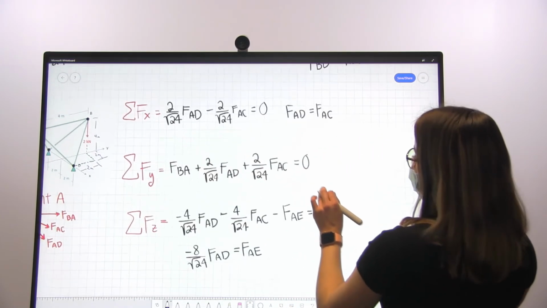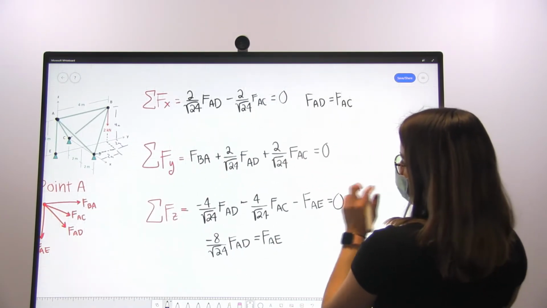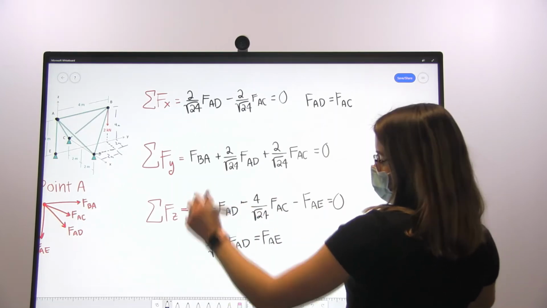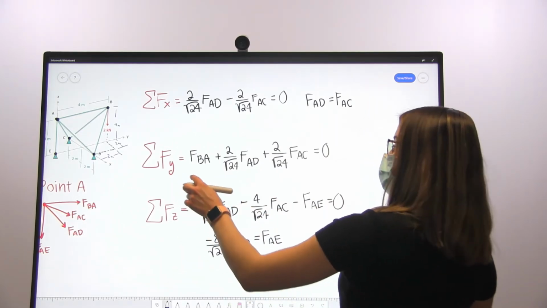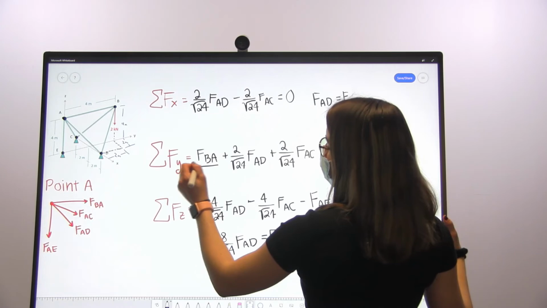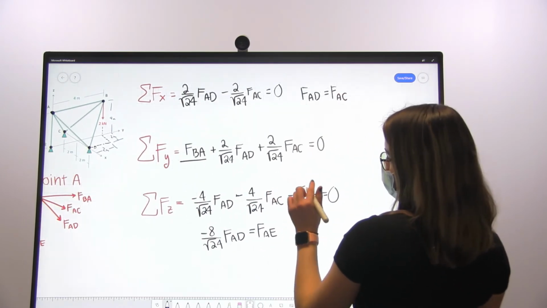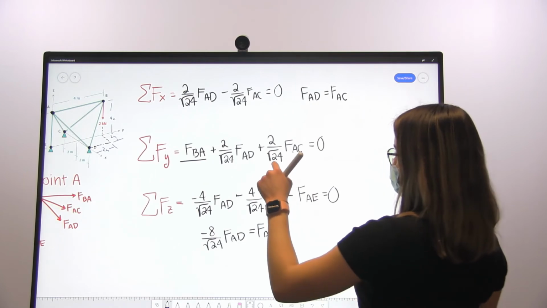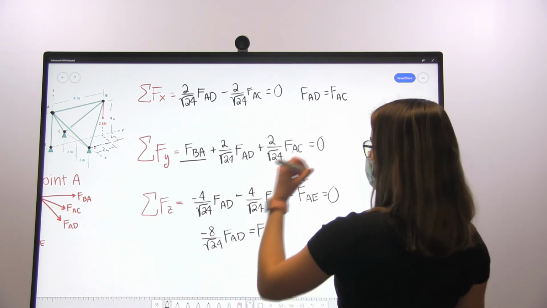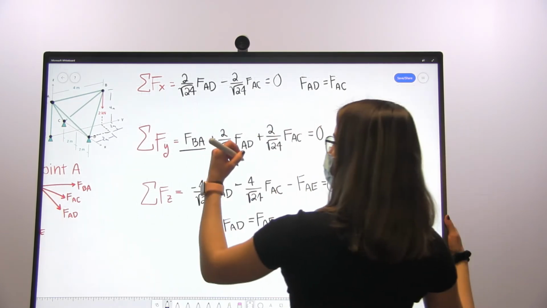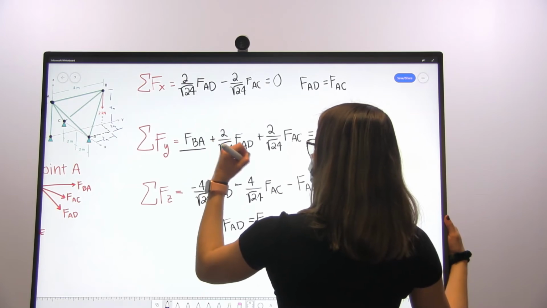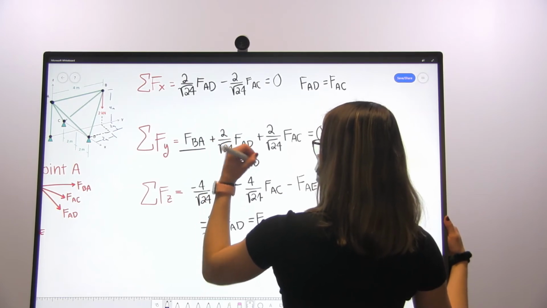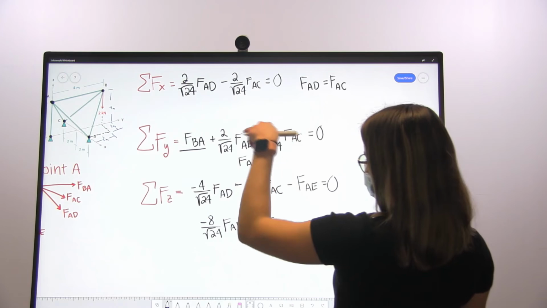Similarly, for the sum of the forces in the y direction, we know what FBA is, and we can substitute either of these into our equation. So we can say FAD, and we can just sum these two.